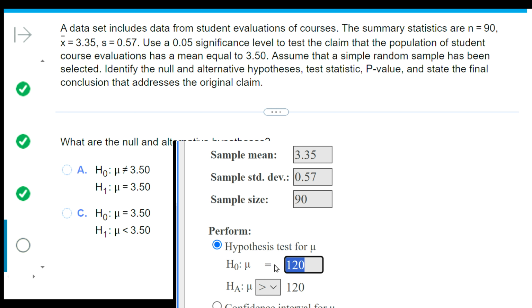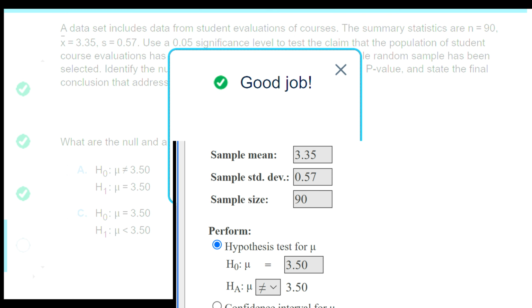They would like to know if the population of course evaluations has a mean equal to 3.50. They didn't say greater than 3.50. They didn't say less than 3.50, so that must mean they're talking about different from 3.50.